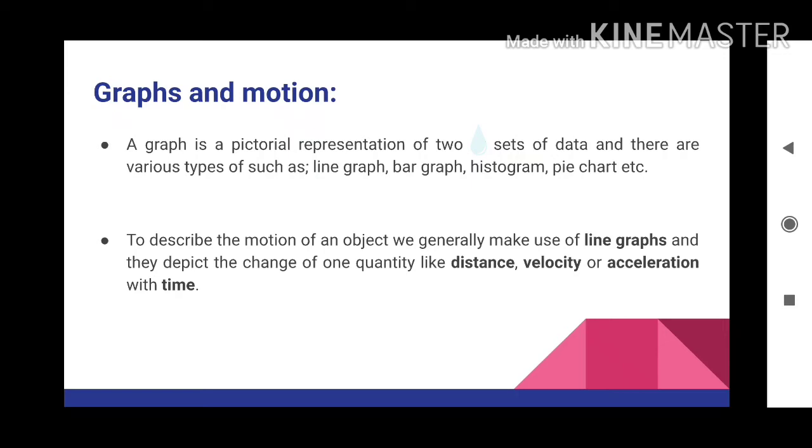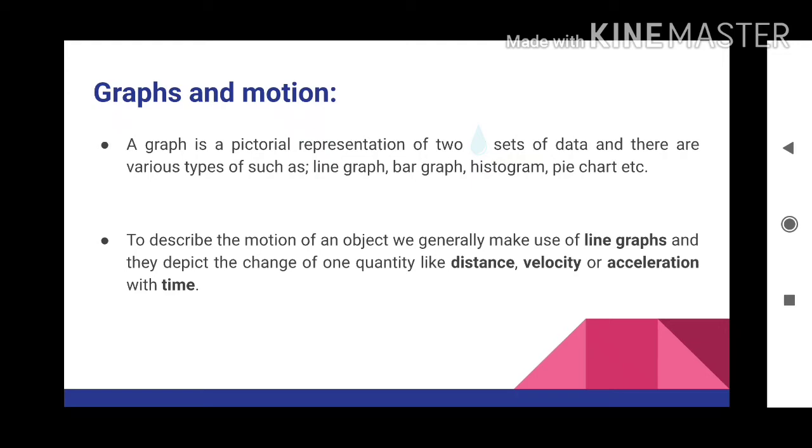To describe the motion of an object, we generally make use of line graphs. We don't use bar graph, histogram or pie chart here. We make use of plain old line graphs, and they depict the change of one quantity. Whenever we plot a graph, it usually includes two sets of data.